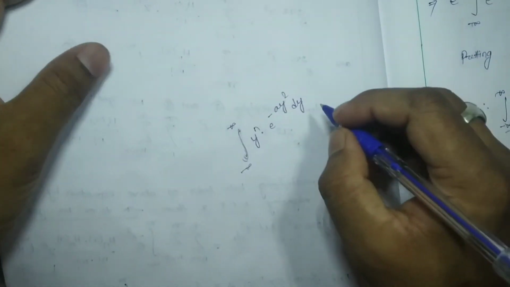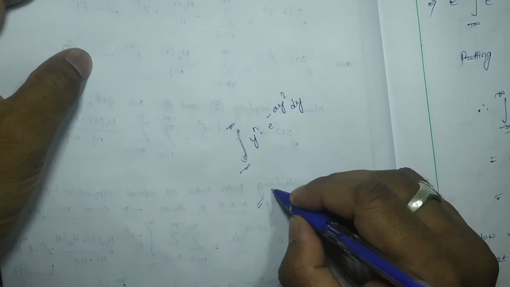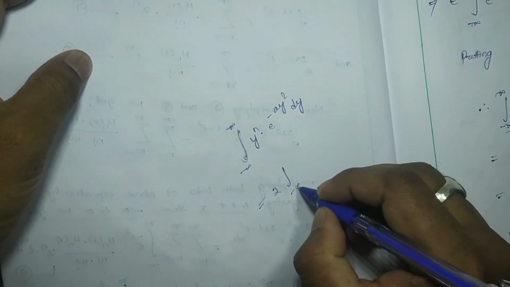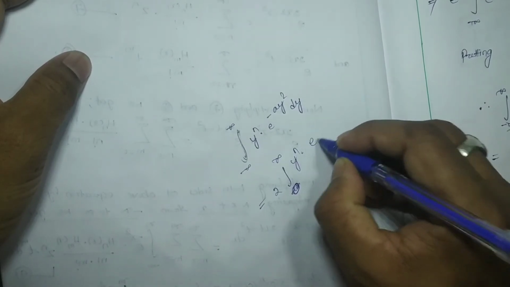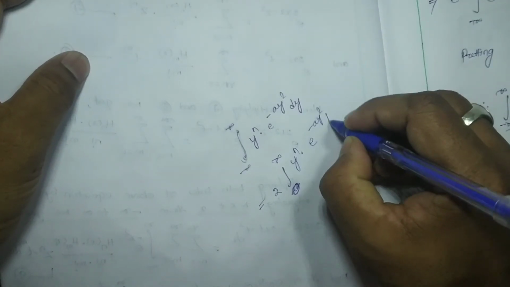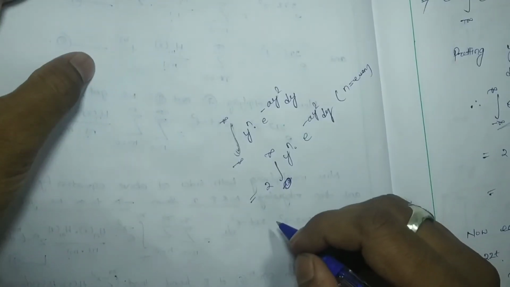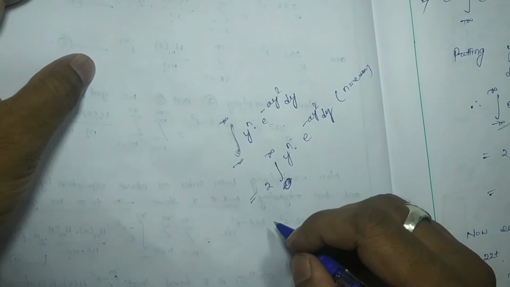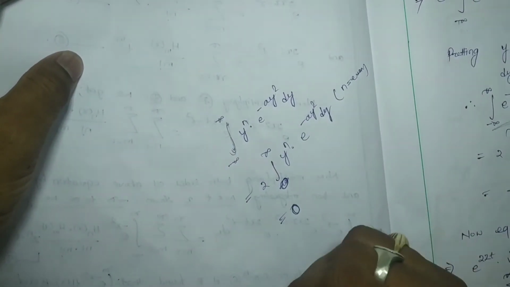it can be written as 2 times the integral from 0 to infinity of y^n e^(-a y²) dy for n equal to even. But if n is odd, then it will be 0.